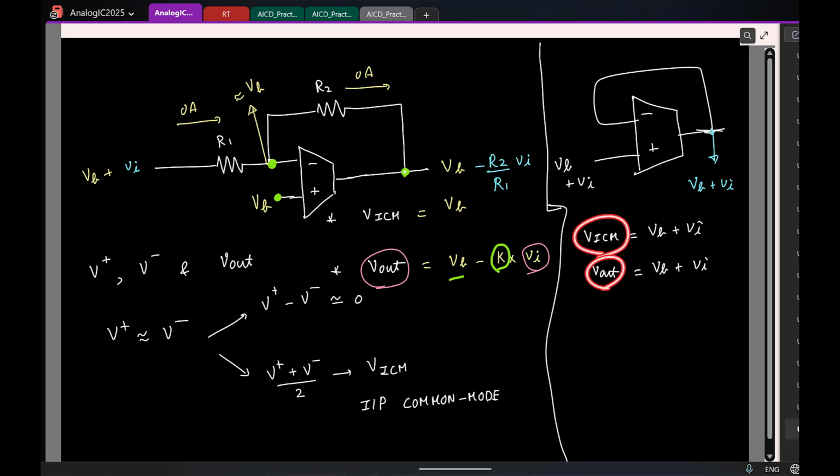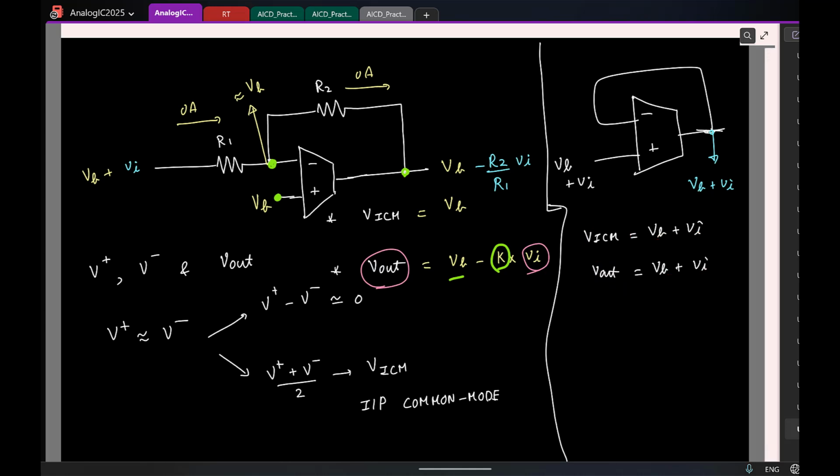So for example, let us say for VICM the limit is 0.2 volt to 0.8 volts. Similarly, my op amp's Vout maximum is, let us say, 1 volt, minimum is 0.3 volt.